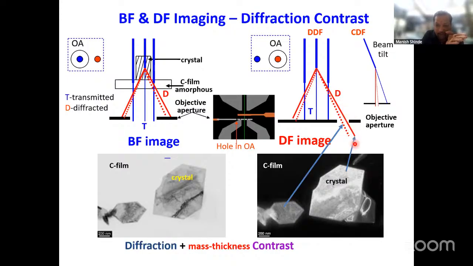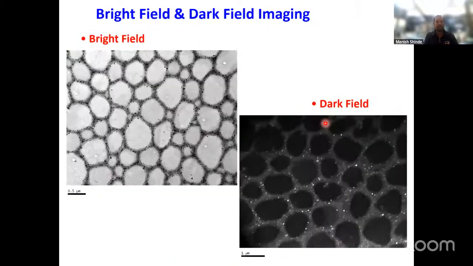This beam is getting deflected because a high atomic number element will deflect more, a low atomic number element will deflect less. So more deflection means more contrast, less deflection means less contrast. So it is capturing a deflected beam. There is an objective aperture for that. So the imaging mode is different. I'll give you some examples that will clarify things. This is one sample.